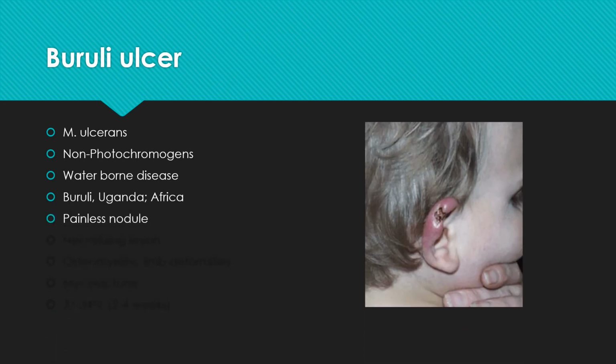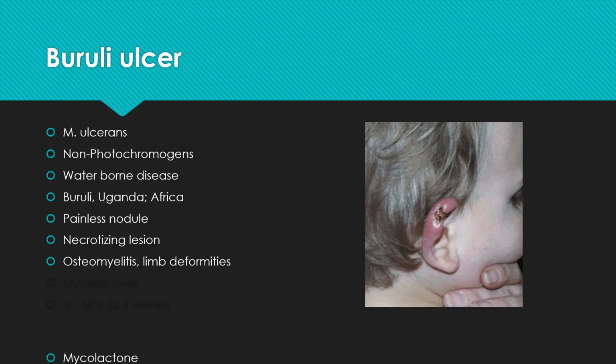Here the patient comes with a painless nodule, which can be seen in the picture. This nodule becomes necrotic later. The patient also comes with osteomyelitis and limb deformities. This Mycobacterium ulcerans produces an exotoxin, which is called mycolactone.